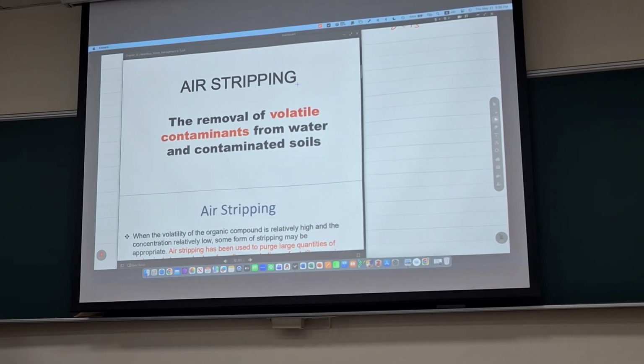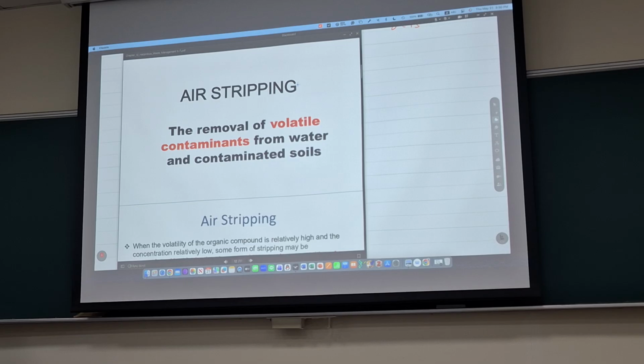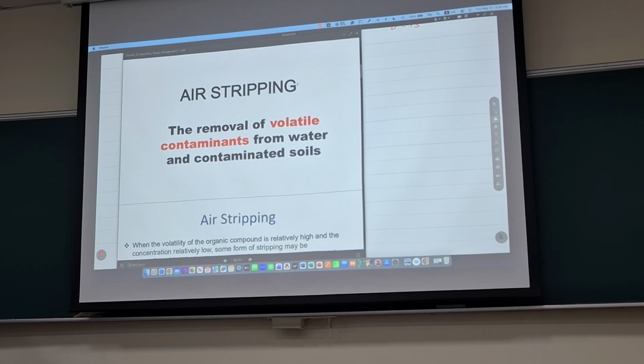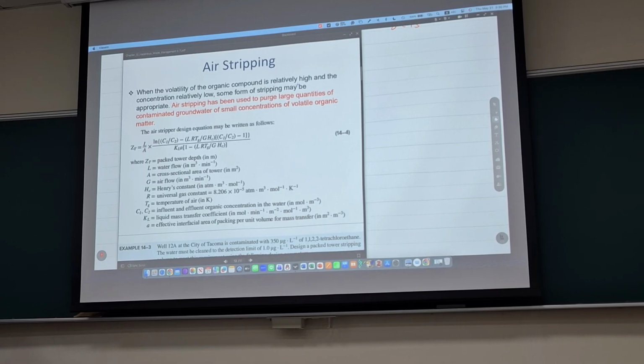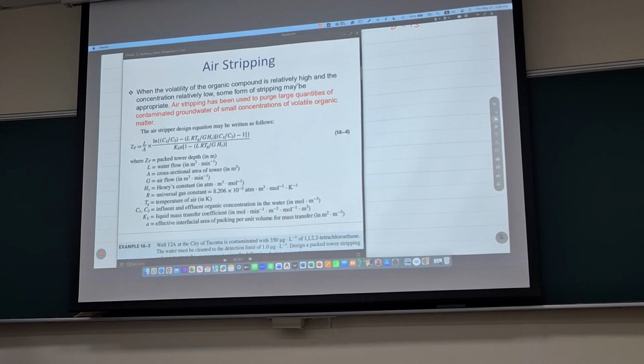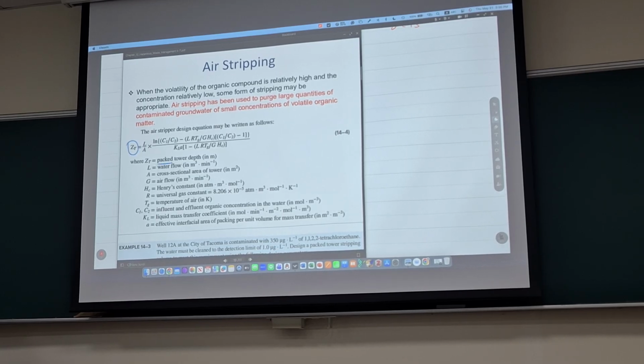Next slide, I would like to talk about air stripping. Air stripping is good for the removal of volatile contaminants from water and soil. This is from the textbook. The Z_R stands for the packed tower depth.